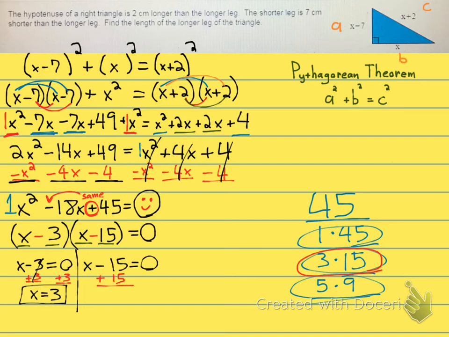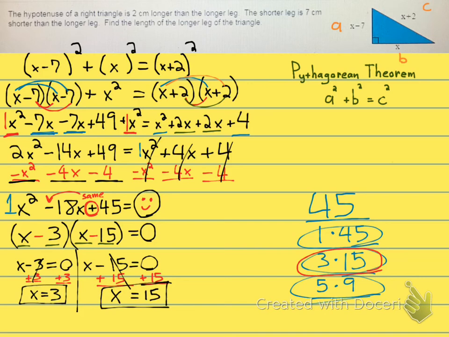Add 15 to both sides. That way, you won't have any more 15 on the left. All right, on the left-hand side, my x is all by itself, and on my right-hand side, 0 plus 15 is 15. So I have two possible answers. Okay, now let's see which one of these is going to make sense.